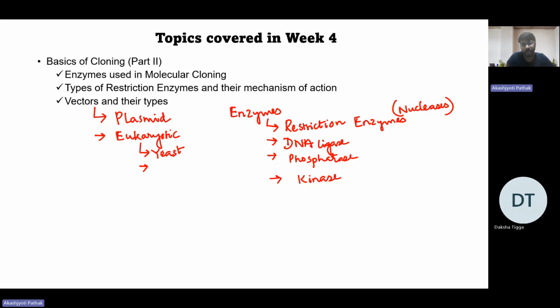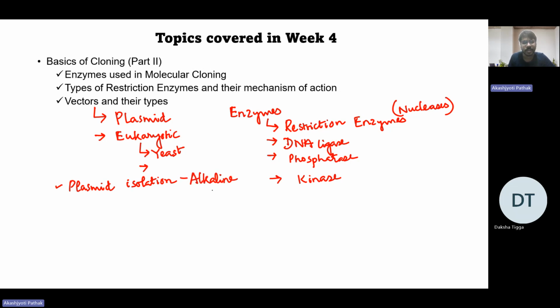We will quickly have a recap of these different vectors, and also the other concept discussed: how we can isolate plasmid from the bacterial cell. One of the most commonly used methods of plasmid isolation followed in most laboratories is the alkaline lysis method.